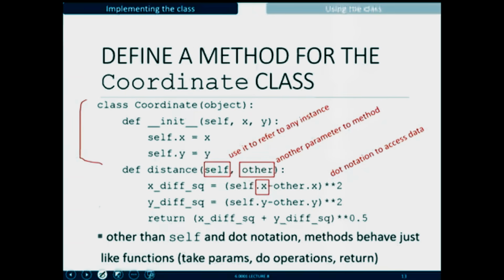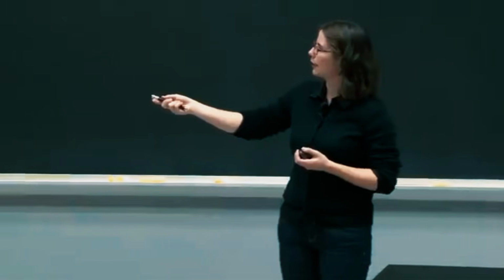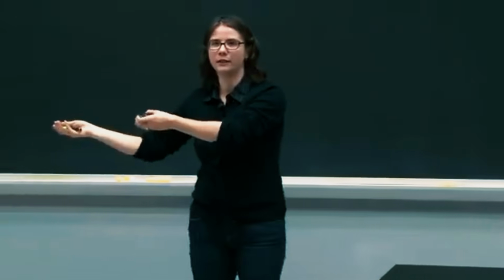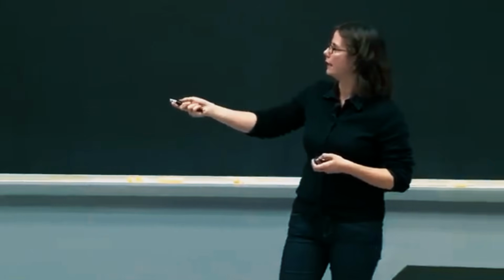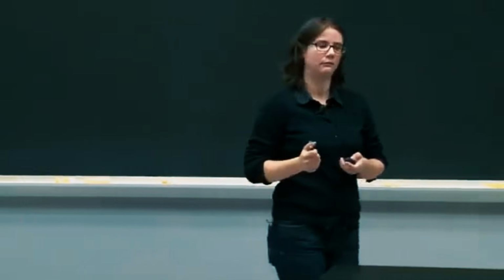If I just did x, I would be accessing just some variable named x in a program, which actually isn't even defined, right? As we're thinking about classes, you always have to refer to whose data attribute you want to access. In this case, I want to access the x data attribute of myself, and I want to subtract the x data attribute of this other coordinate, square that, same for y, square that, and then add those and take the square root of that.